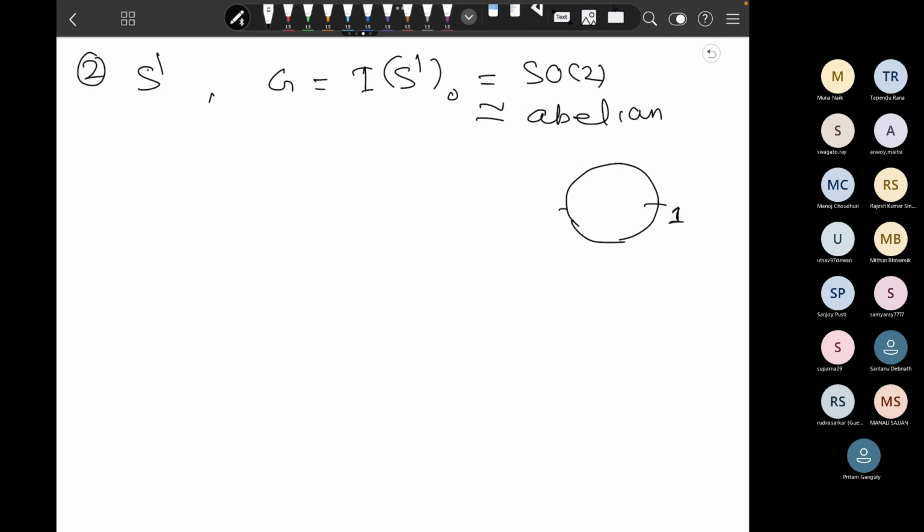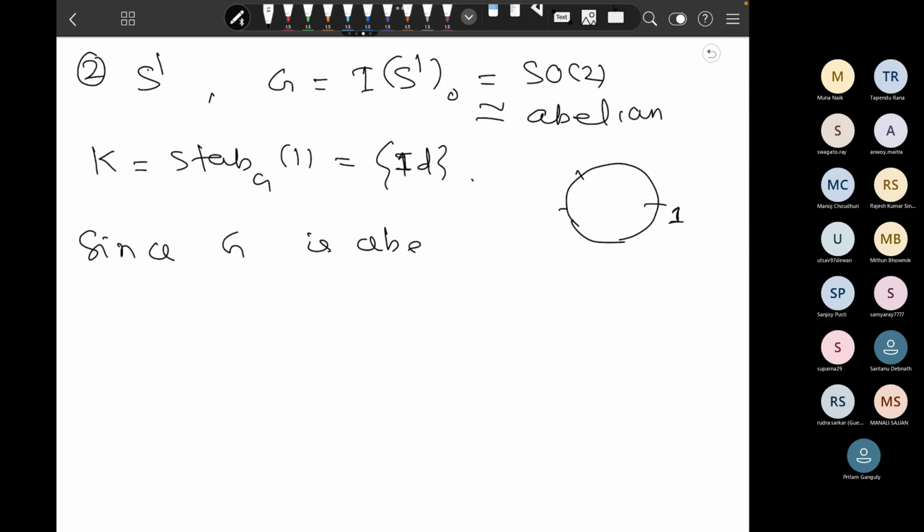If you take any non-trivial rotation, that will really rotate the point 1. So if you look at K, the stabilizer of 1 in G, then this is really the identity. Since G is abelian, this implies the Lie algebra is abelian, so that will imply P is 0.